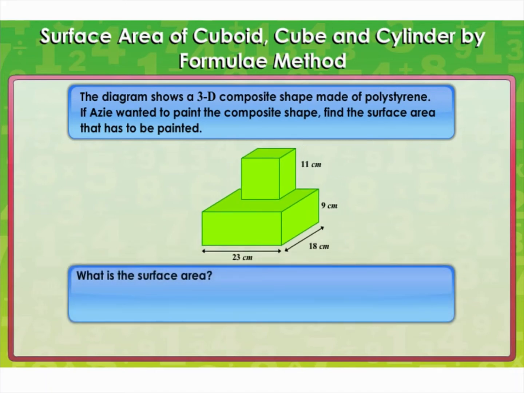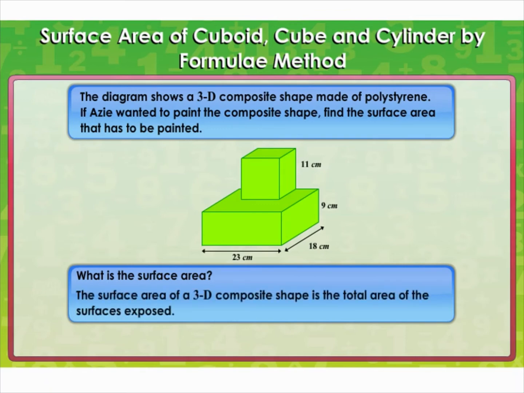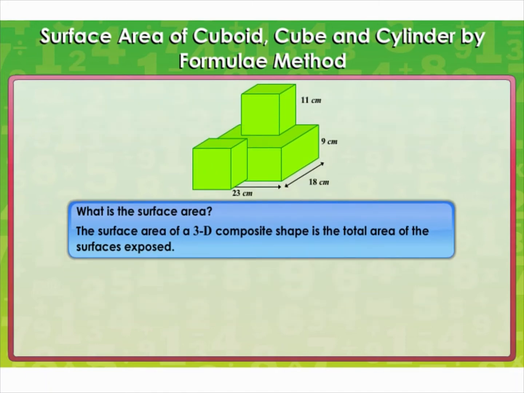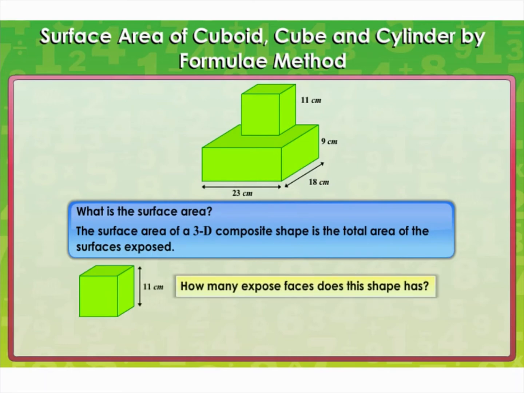What is the surface area? The surface area of a three-dimensional composite shape is the total area of the surfaces exposed. So, how many exposed faces does the shape have?